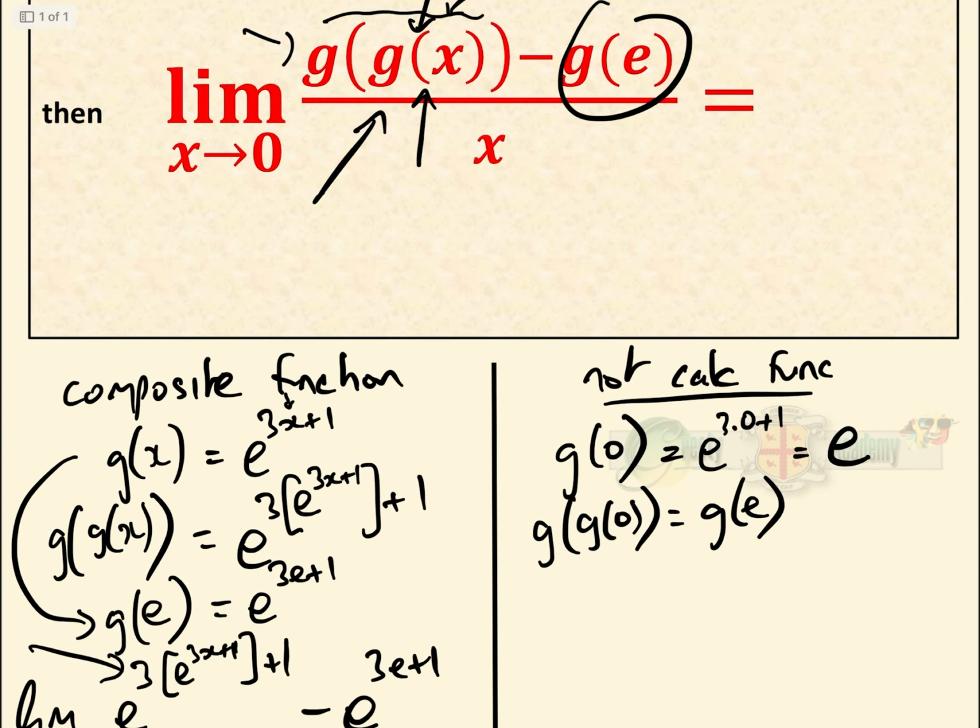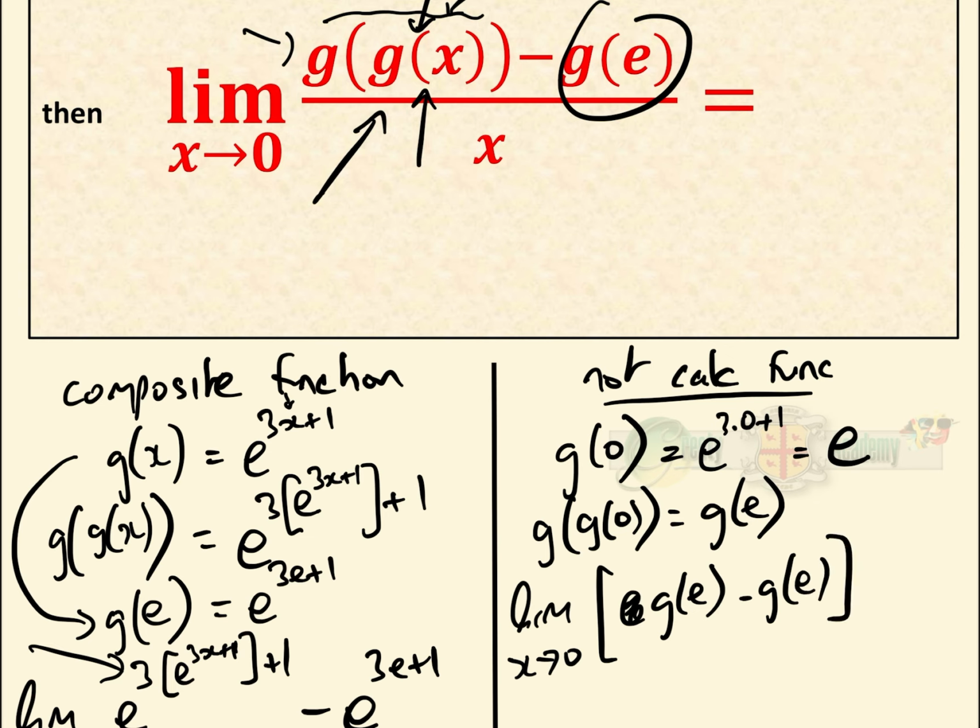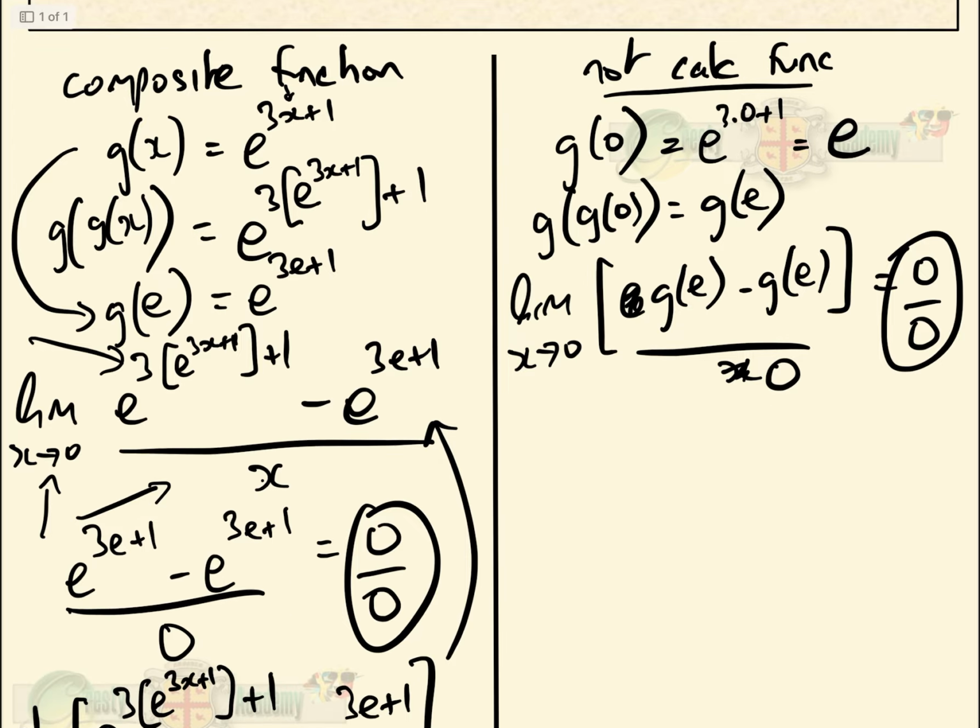And so our limit as x approaches 0 of g of g of x minus g of e over x becomes g of e, take away g of e over 0, which equals 0 over 0. So basically that is our limit. Again, it's indeterminate, but we haven't had to bother doing the composite function or anything yet. We can go straight into L'Hopital now.